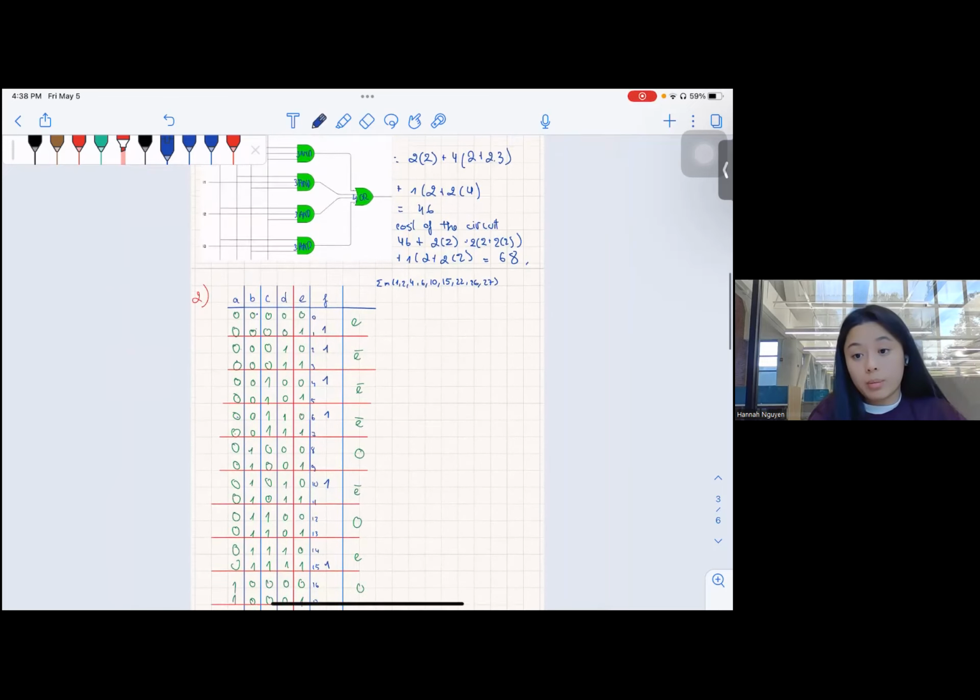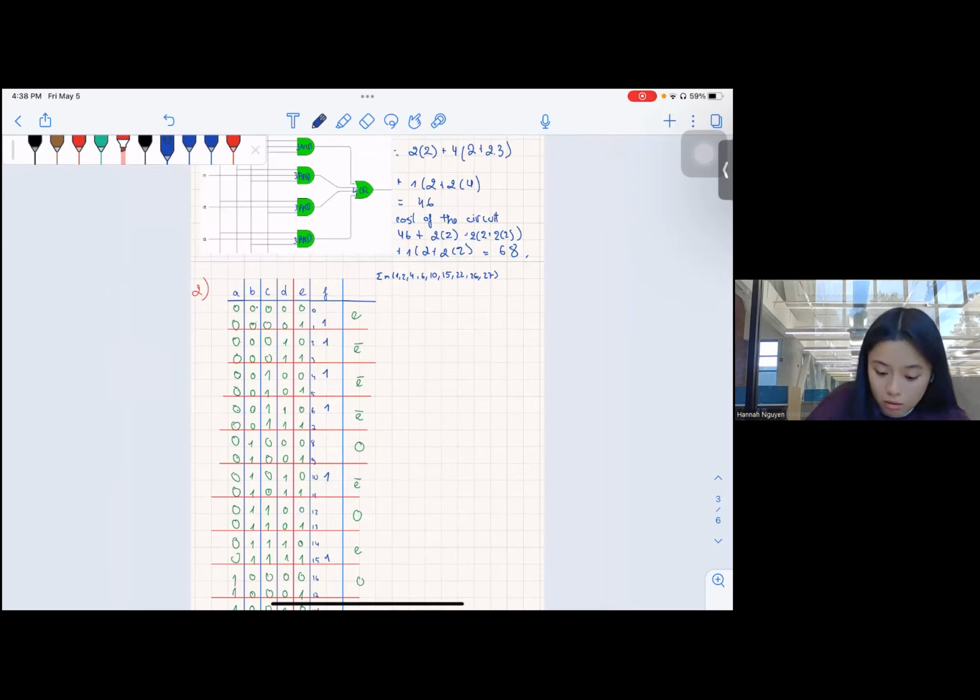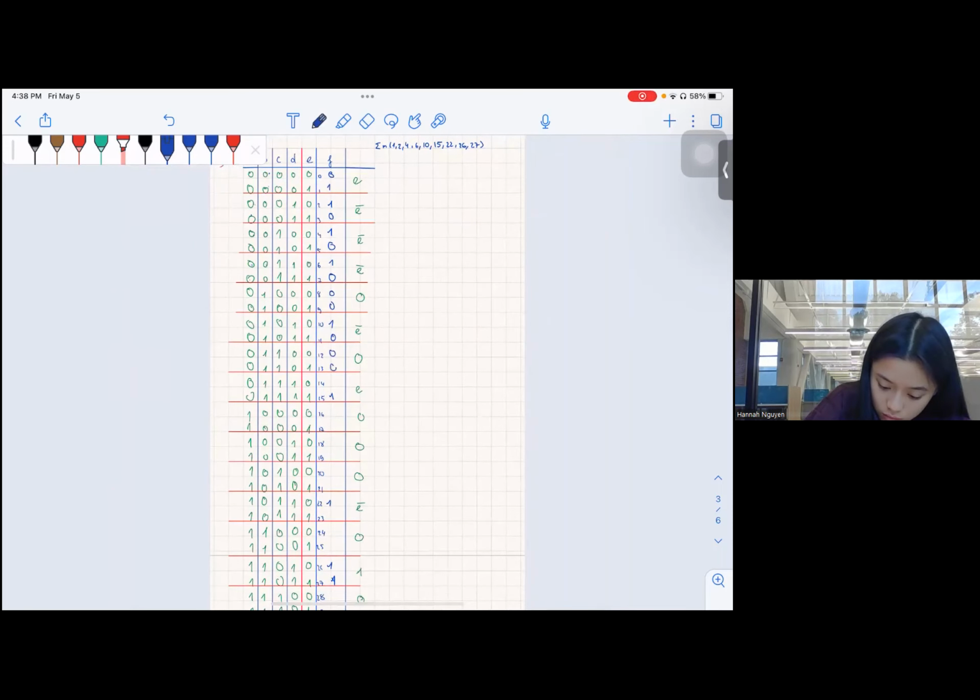And for every other place, the output is gonna be 0. 0, 0, 0, 0, 0, 0, 0, 0 for the rest.